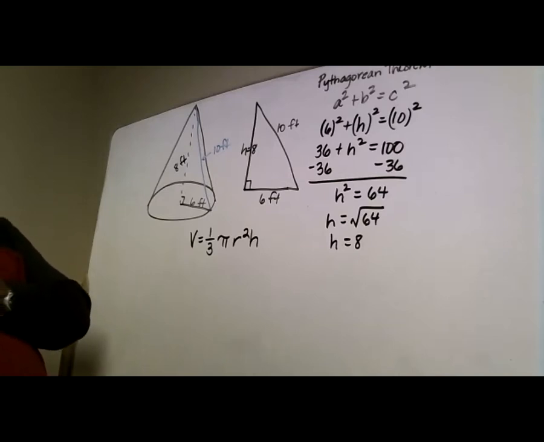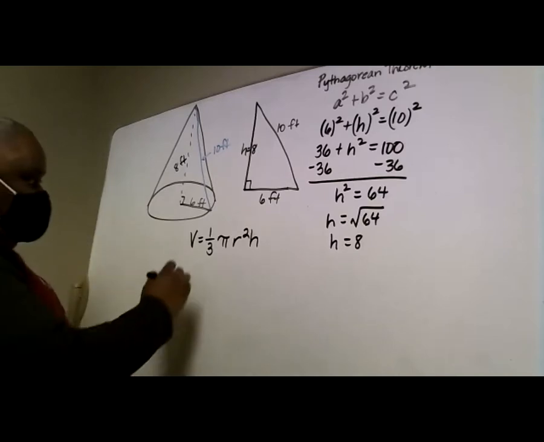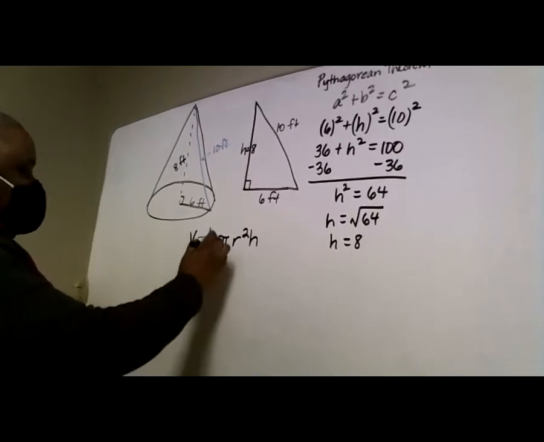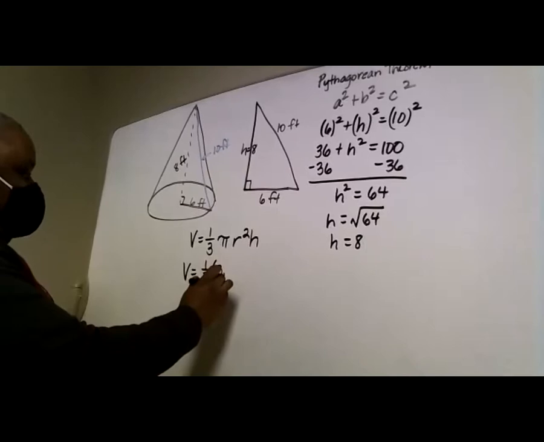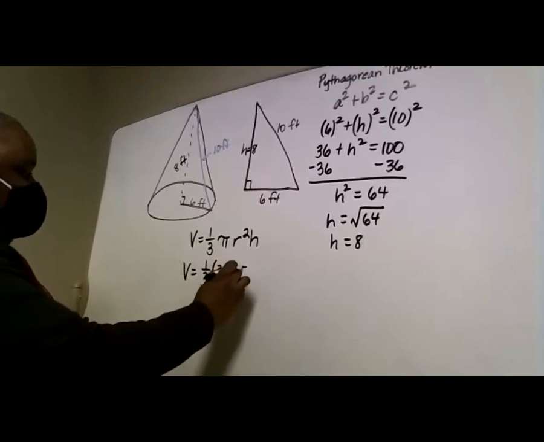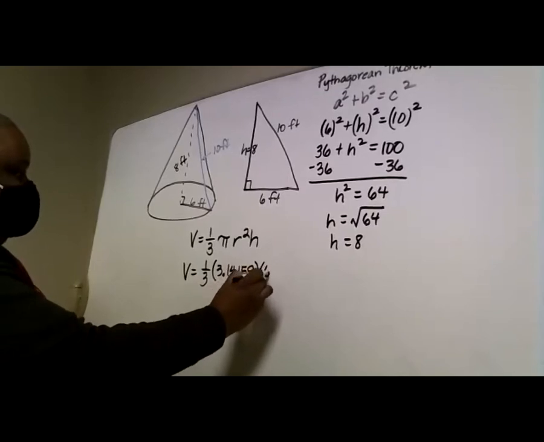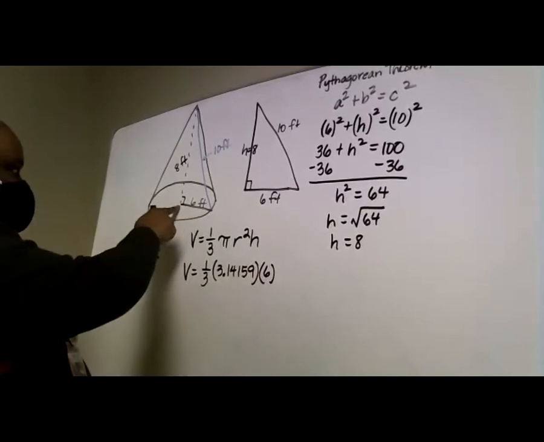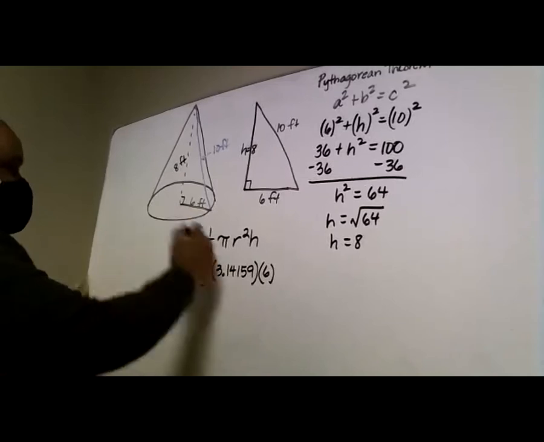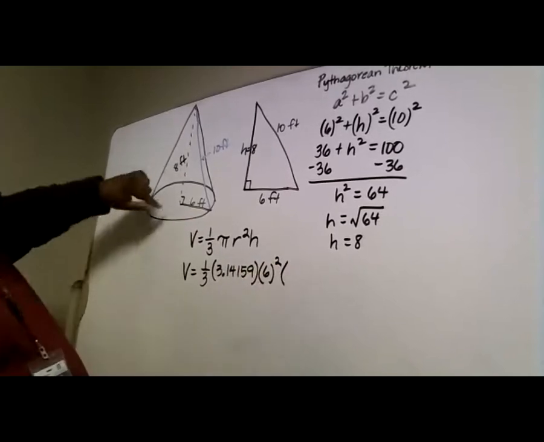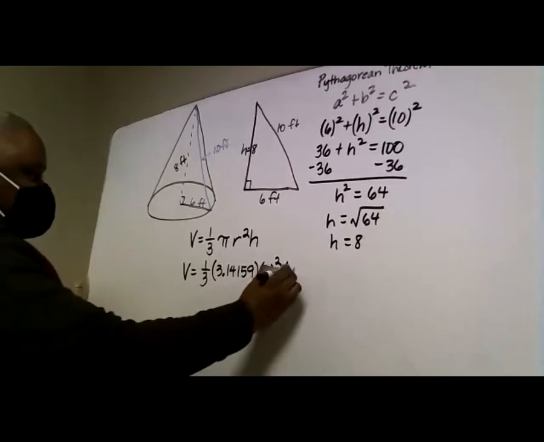Now let's substitute. V is equal to 1/3 times pi, I'm going to use 3.14159, times the radius, from the center to a point on the circle, that's 6 feet, squared, times the height, which we found to be 8.